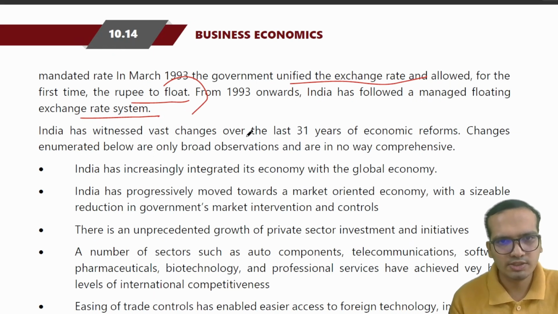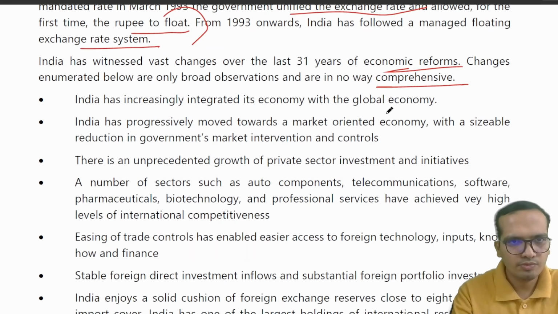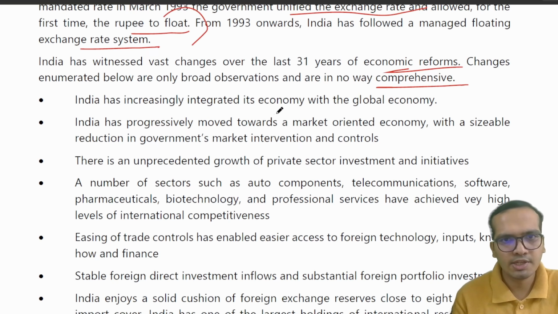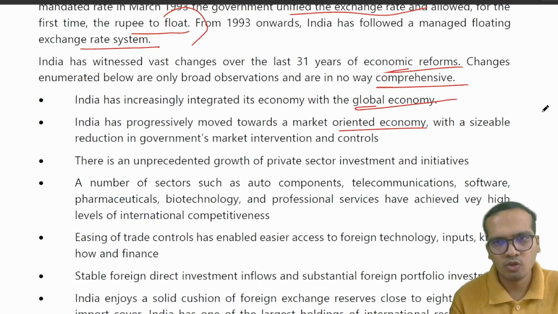India has witnessed vast change over the last 31 years of economic reforms. Changes enumerated below are only broad observations and are in no way comprehensive. India has increasingly integrated its economy with the global economy. India has progressively moved towards a market-oriented economy with a sizable reduction in government's market intervention and control.